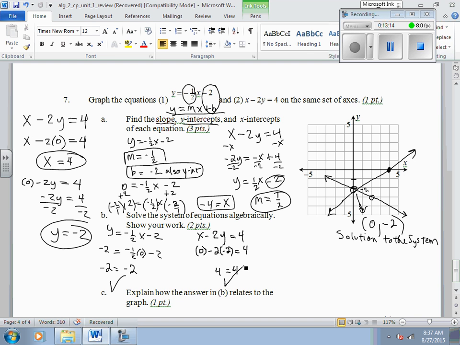The other one was systems of equations. You would plug one into the other one, solve for x first, then whatever you get from there, plug that back into the other equation, solve for y. It's a little bit more work, but that is another way to do that, okay? I do want to show you that work because it is something that you are going to need to be able to do, okay?